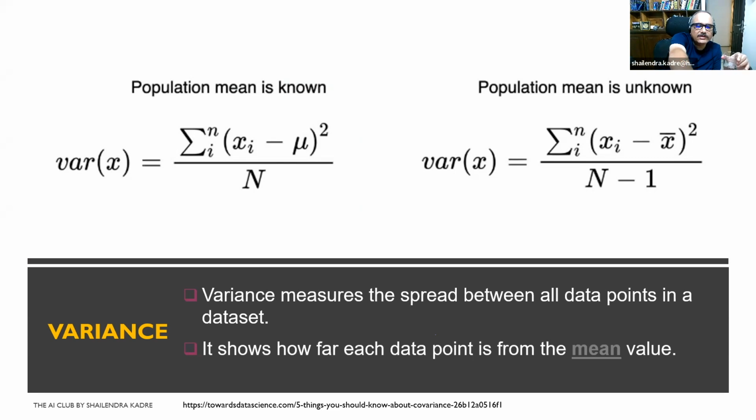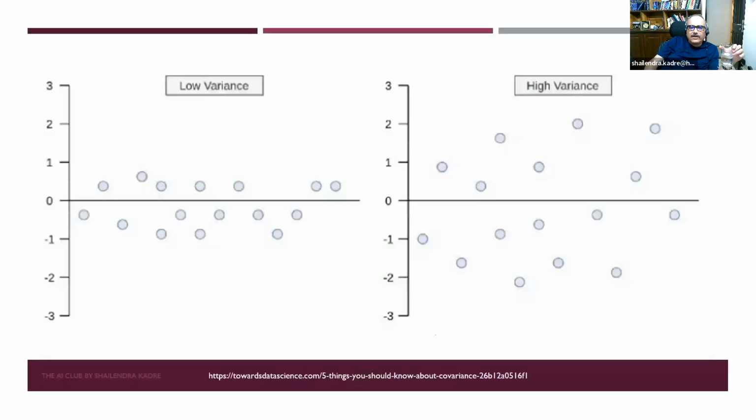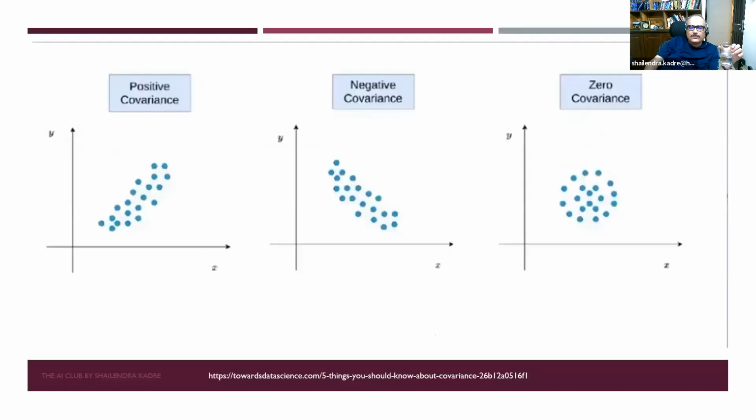If the X unit is different, then my mean will be different and this X minus mu will be different. The square will be less if I measure in meters. If I measure the same in millimeters or centimeters, the square will be a large number. So both variance, standard deviation and covariance will vary depending on scale.